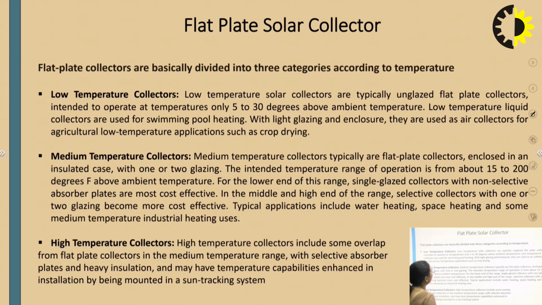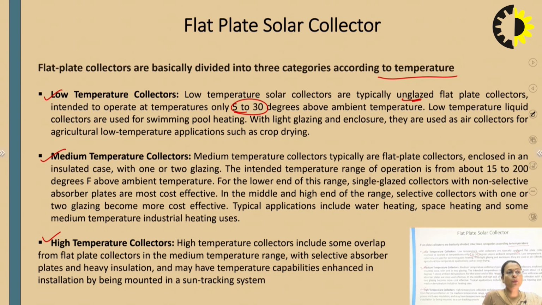So first of all, the three categories of flat plate collectors according to temperature are the low temperature collector, medium temperature collector and the high temperature collector, okay? Low temperature solar collectors are typically unglazed flat plate collectors, which are intended to operate only at 5 to 30 degrees above the ambient temperature, right?